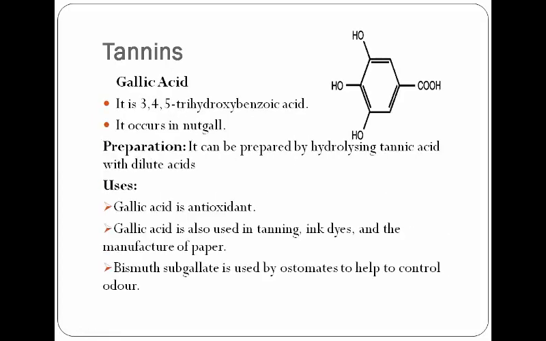Gallic acid is 3,4,5-trihydroxybenzoic acid, as you can see in the structure, and you are familiar with this structure because you studied it during the classification of tannins. It belongs to the hydrolyzable tannins, and it is prepared by hydrolyzing tannic acid with dilute acid.